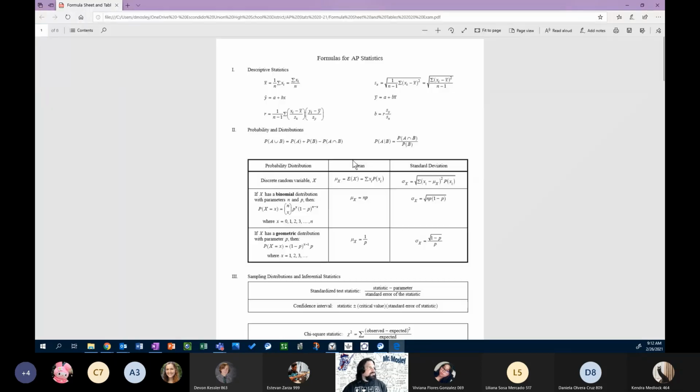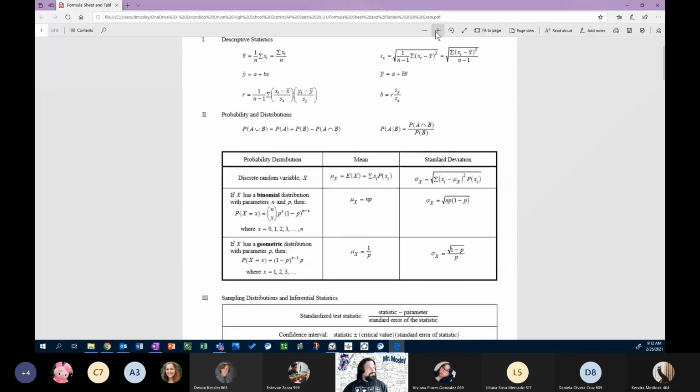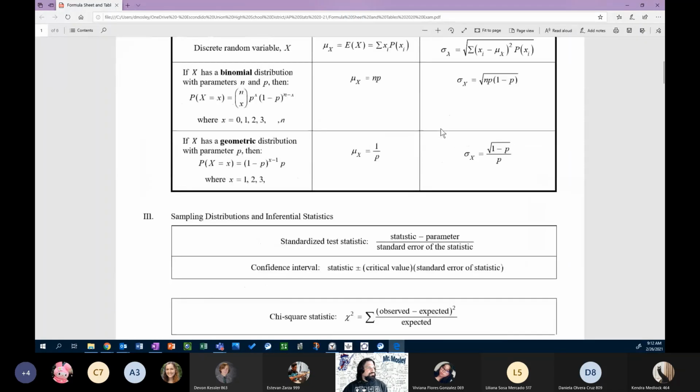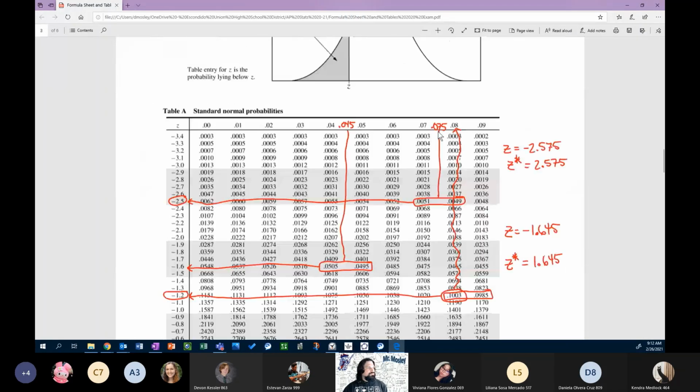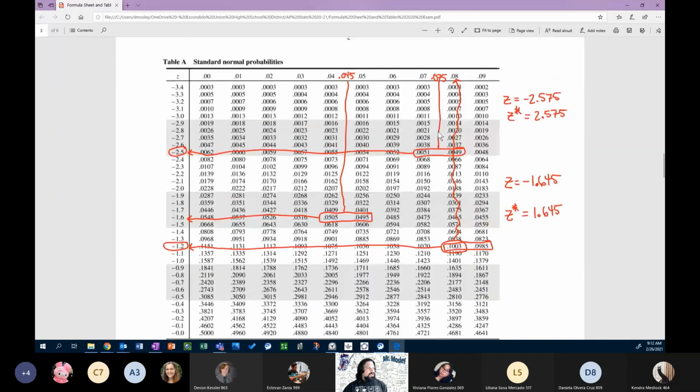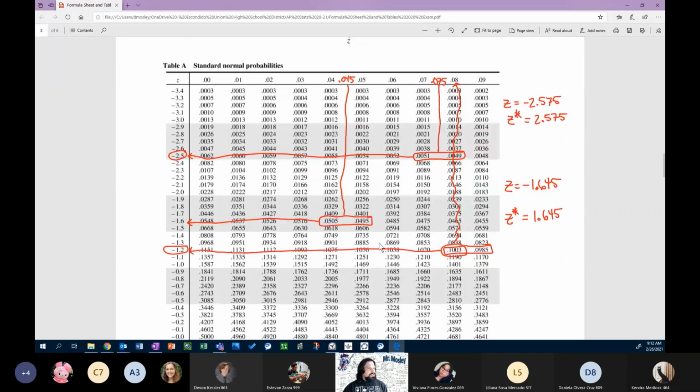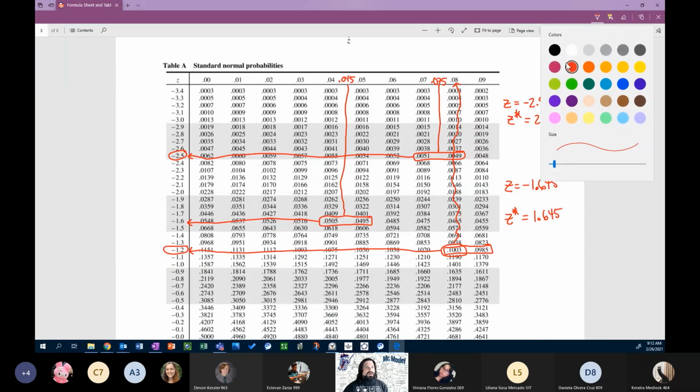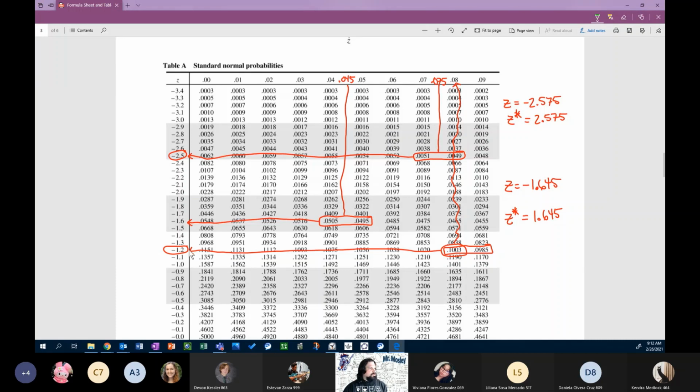Let me pull up my table A. And of course, I don't have that one on here. Sorry, I was using this yesterday. And we see here our negative 1.3, and 0.05.